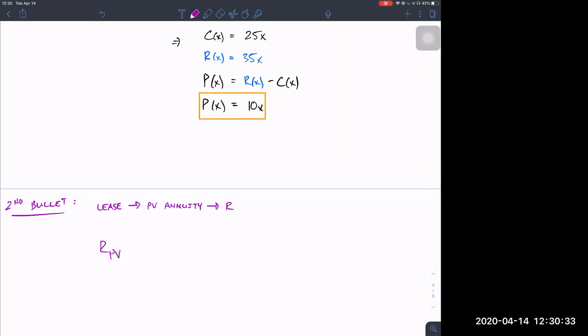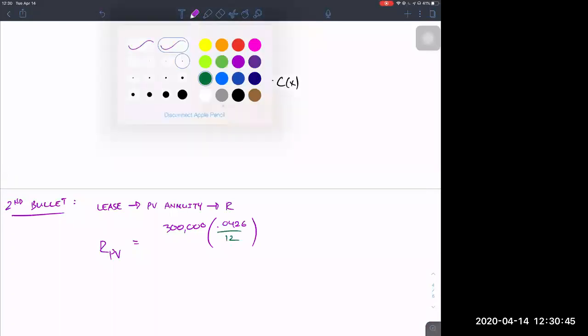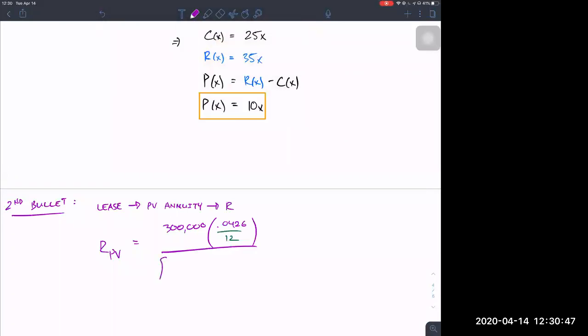So that setup looks like the following: 300,000, 0.0426, compound period is 12, and you just have to remember that it is a negative number right here, which is negative 420, and again over 12.